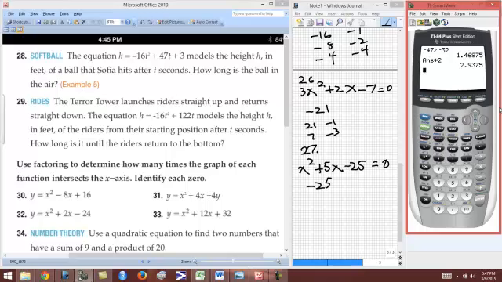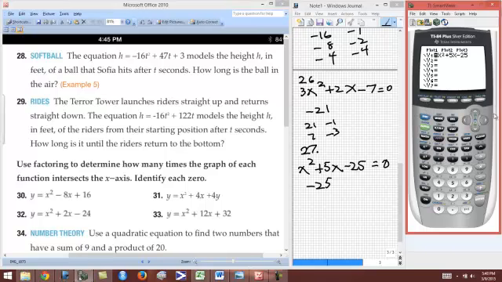So that's not exactly all the time that's in the air. It's going to require a fraction of a second to hit the ground. But we do know that 2.9375 seconds is the number of seconds that it spends in the air from 3 feet in the air to 3 feet again. So we'll need the calculator to tell us precisely when it hits the ground.